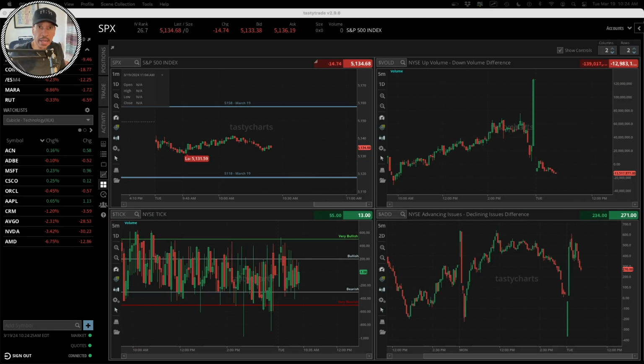All right, guys, I'm back. Let me pull up my pointer real quick. So yeah, as you can see here, it is 10:24, and the SPX is pretty much moving sideways.